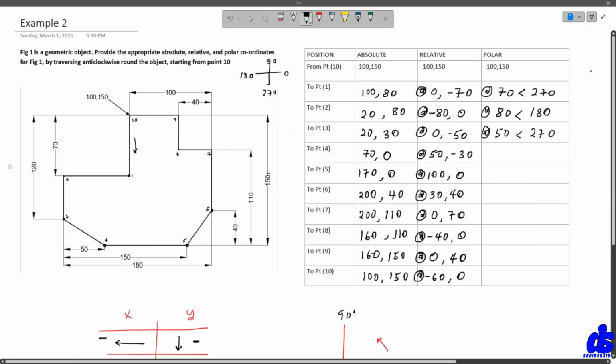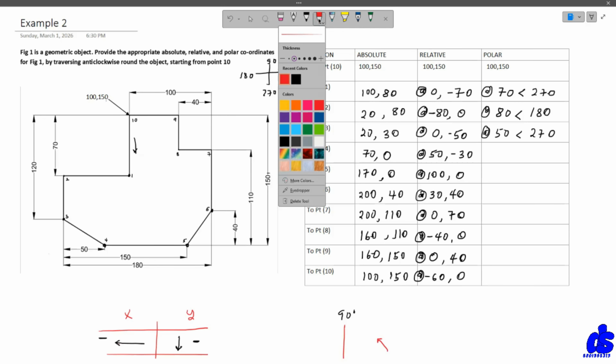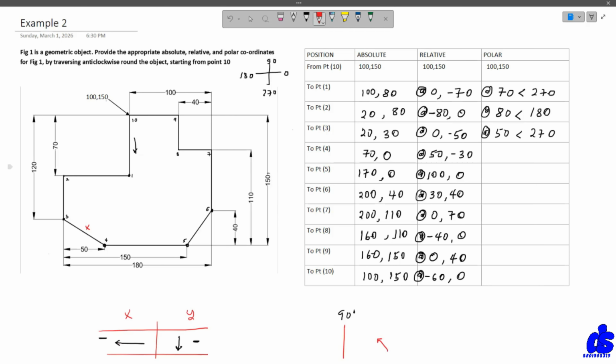Now for point 4, we have to do a calculation to determine the magnitude. Let's specify the magnitude as x. Let me change the color so that we know that's the calculation part. So this is our x. We'll complete the triangle here.